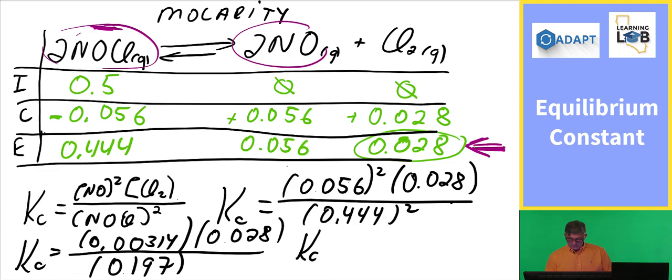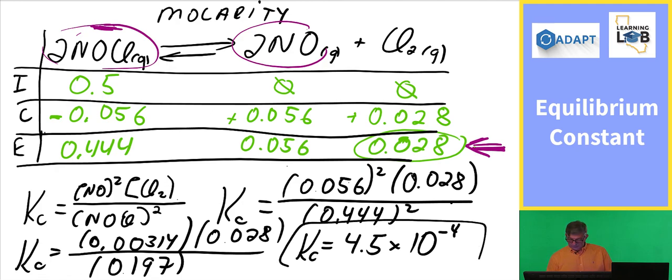Kc equals, we calculate that, equals 4.5 times 10 to the minus 4. We have solved for the equilibrium constant given the initial concentration of a reactant and the equilibrium concentration of one of the products, and once again, this equilibrium constant is unitless at 4.5 times 10 to the minus 4.